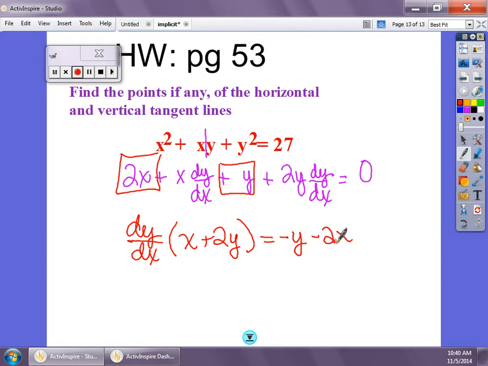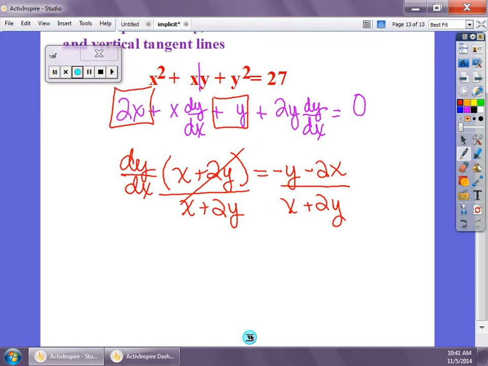Remember, the order could be switched. It's still equivalent. Divide both sides by x plus 2y. So our slope expression is negative y minus 2x over x plus 2y.